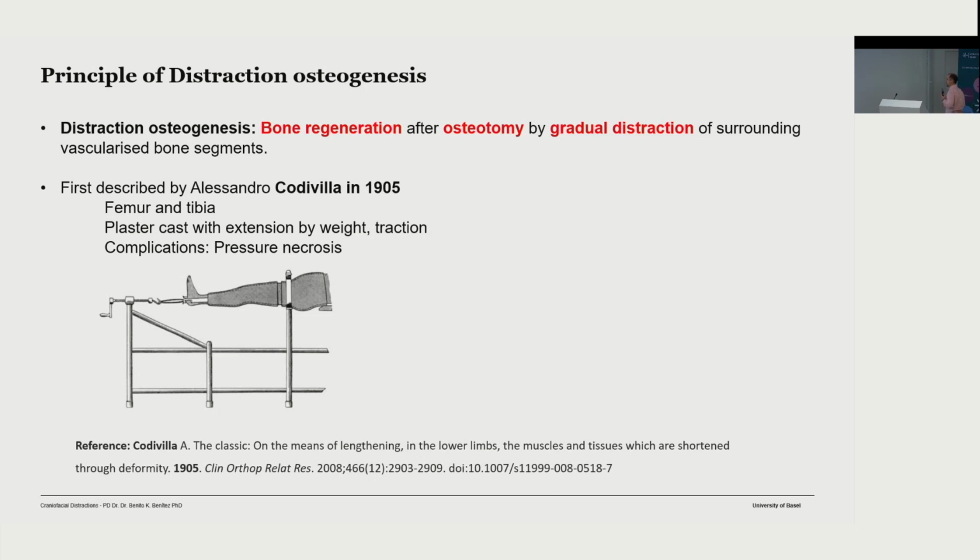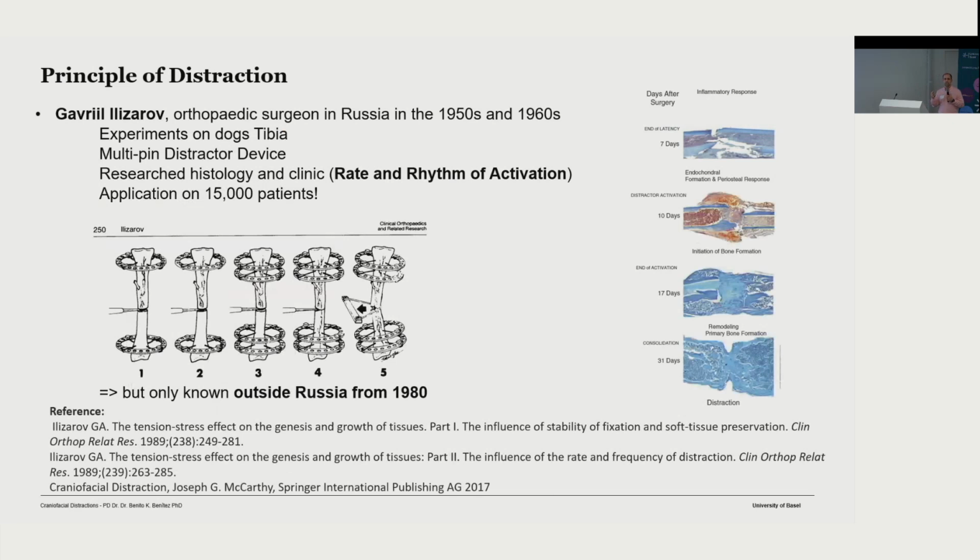Later on, it was Ilizarov, an orthopedic surgeon, who popularized this distraction, and he did a lot of studies in animal models. His findings about how fast we should move bony parts apart, what rate, what rhythm, are still true nowadays.